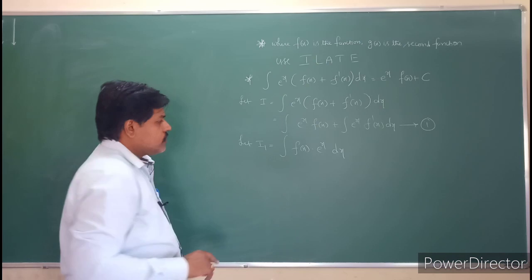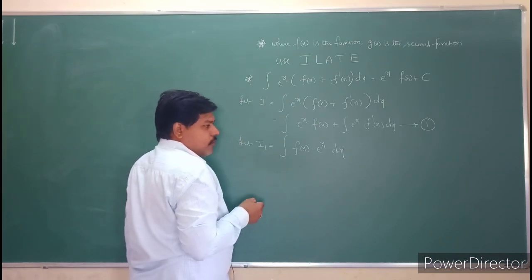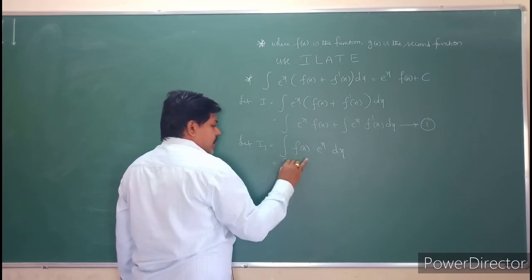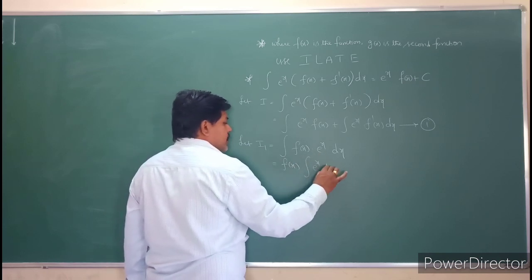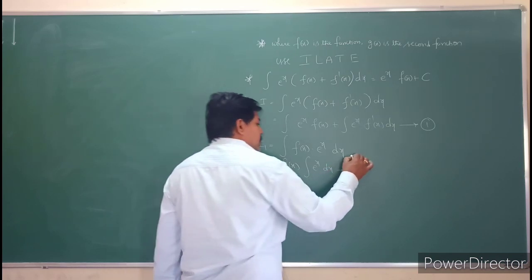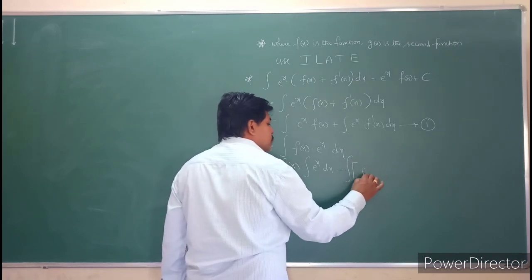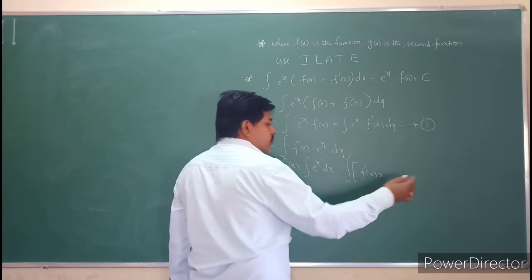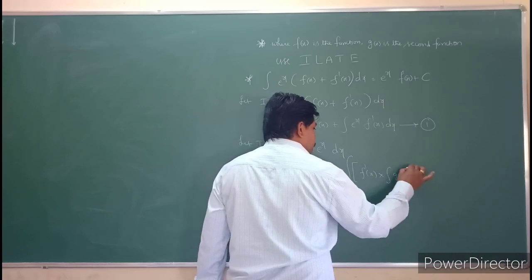Do you understand that? So apply the f of x into g of x formula. Write it down carefully, students. It is: first function f of x into integral of the second function e power x into dx, minus integral of the derivative of the first function f dash of x into integral of the second function g of x into dx.